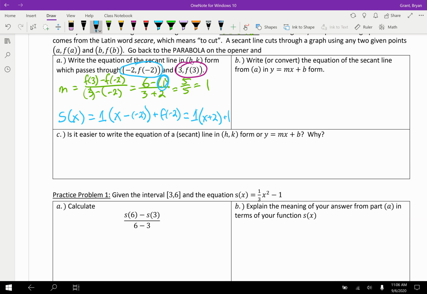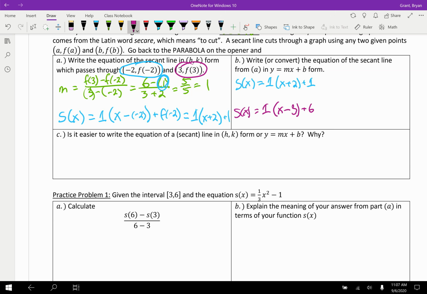I'm actually going to use both equations just to demonstrate it doesn't matter. So one of my secant equations, the one that I just wrote, is 1, x plus 2 plus 1. And my other secant would use the other point. S of x equals still the same slope, x minus, remember, opposite of h here, so x minus 3 plus 6.